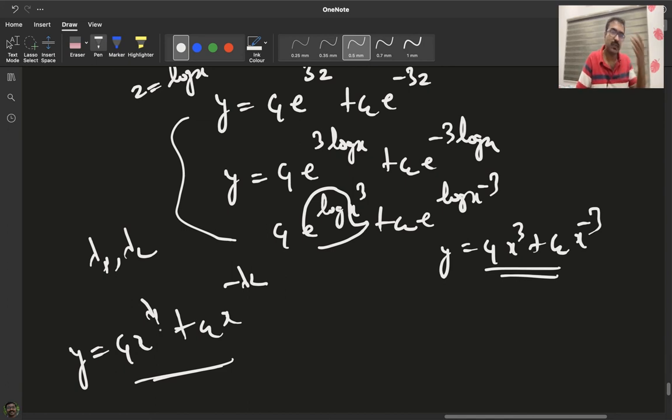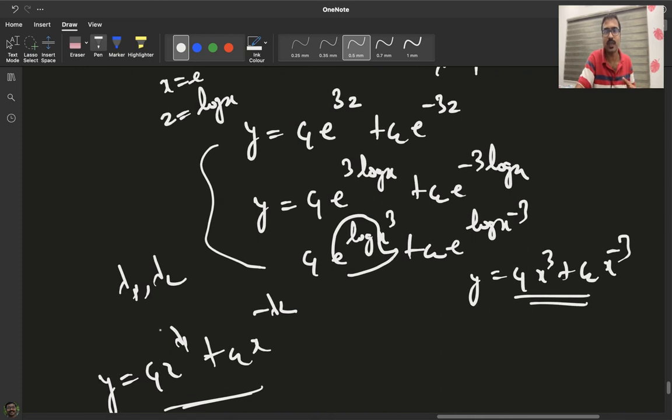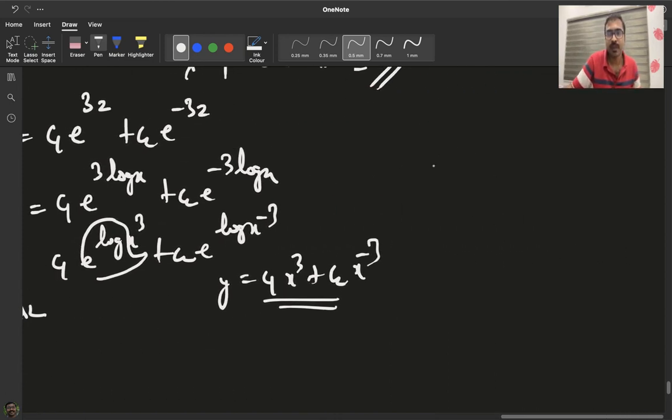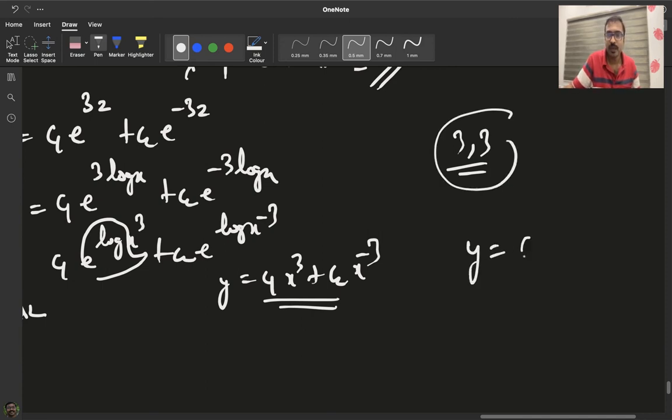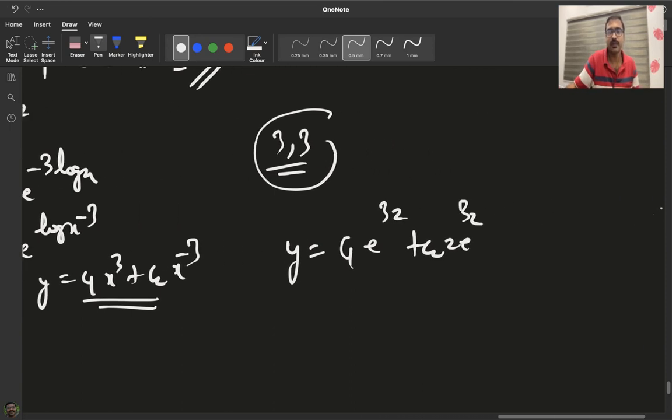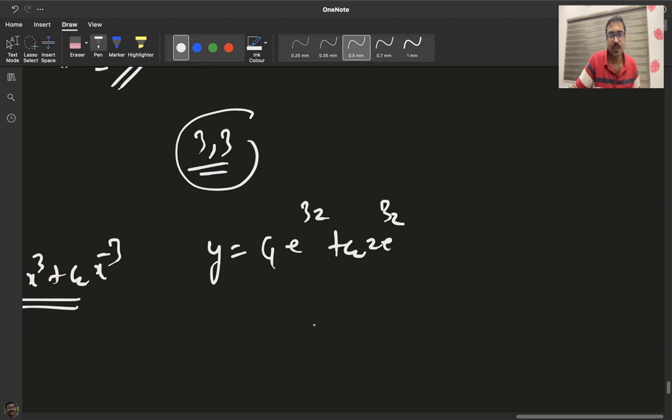Now all the cases involving complex roots and also equal roots will apply here also. Suppose your roots are 3, 3. In that case, what will be the solution? Your solution would be y is equal to c1 e raised to 3z plus c2 z e raised to 3z. The same case will be applied here. Then you can give the value of z, which is basically log x.